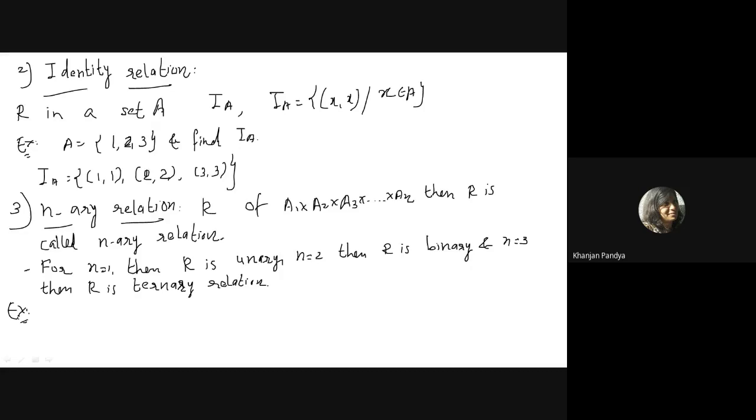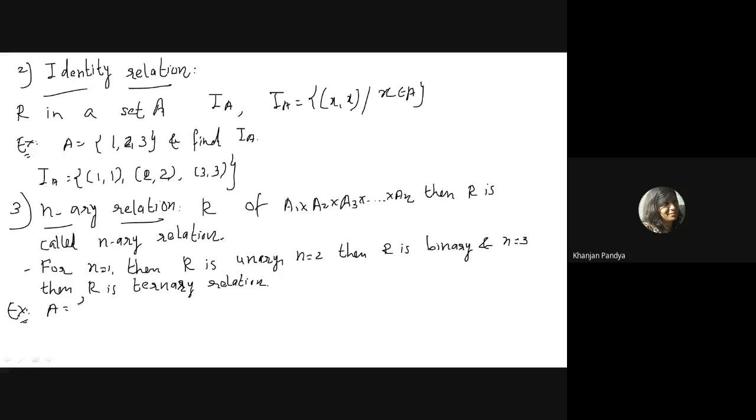If it is defined on the sets A and B, that is the general practice we are doing in the 4th semester discrete mathematics, R is called a binary relation, and if R is defined on only one set A, then it is called a unary relation. Fine. Write down an example.